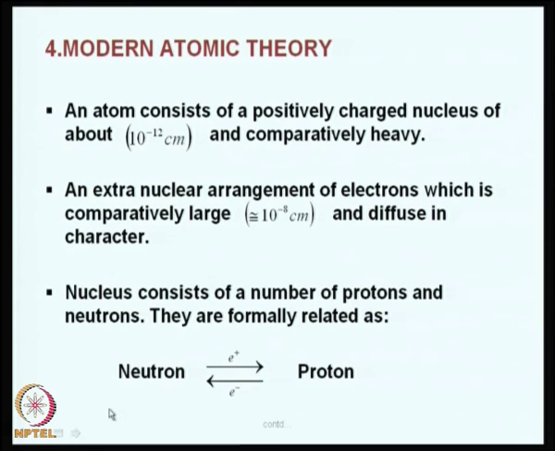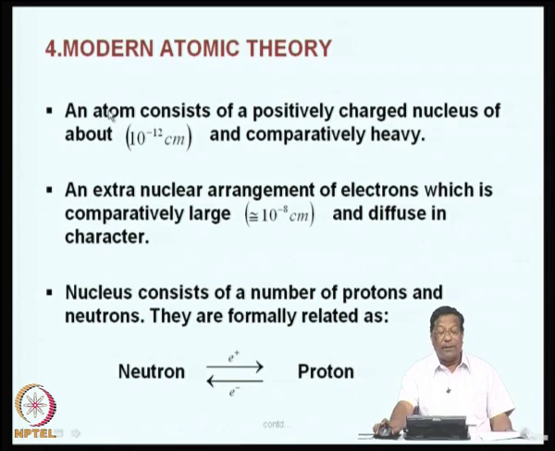So, what does modern atomic theory tell us about the atomic structure? Basically, it tells us that an atom consists of a positively charged nucleus of about 10 raised to minus 12 centimeter diameter, which is comparatively heavy, and an extranuclear arrangement of electrons which is comparatively large in size, approximately 10 raised to minus 8 centimeter.